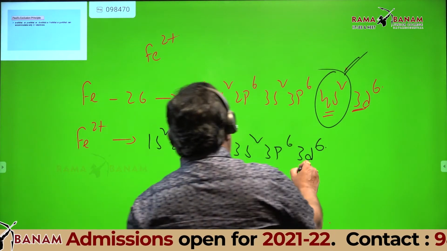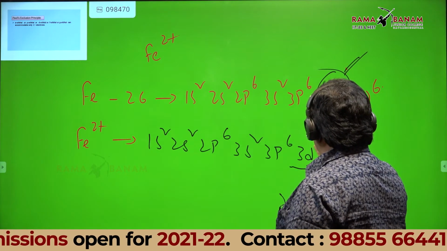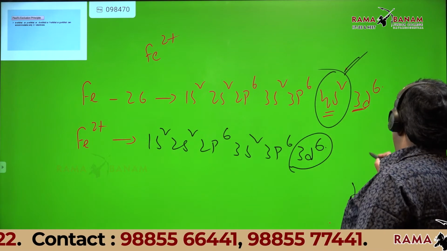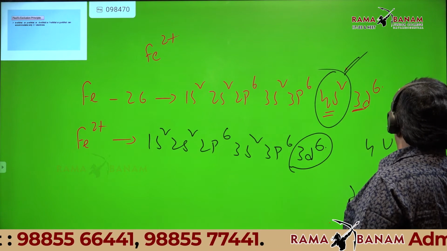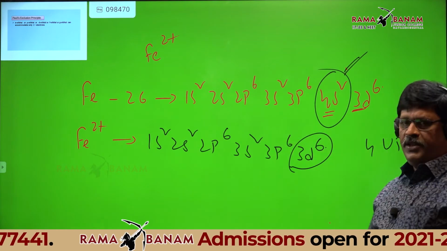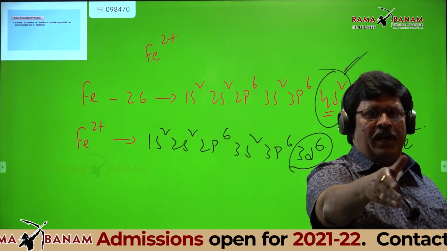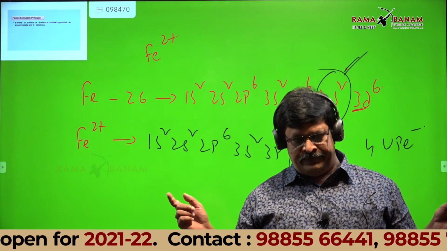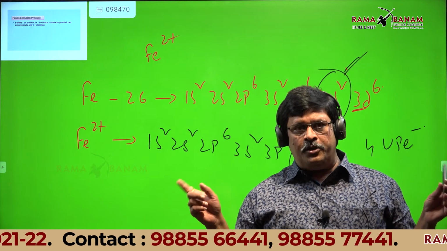Then can you tell how many unpaired electrons are there in this? 4. There are 4 unpaired. So just like this, you write the configurations of the given 4 ions and then decide how many unpaired electrons are there in that. Is it okay, students?